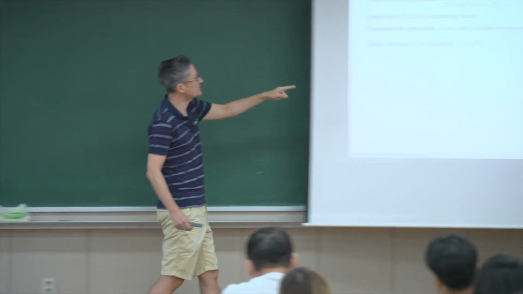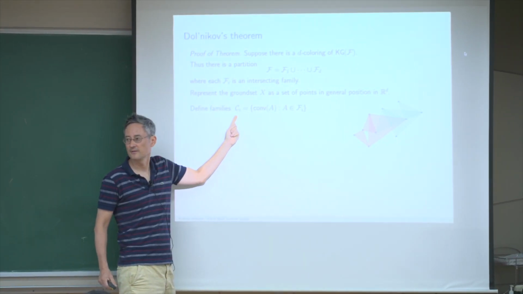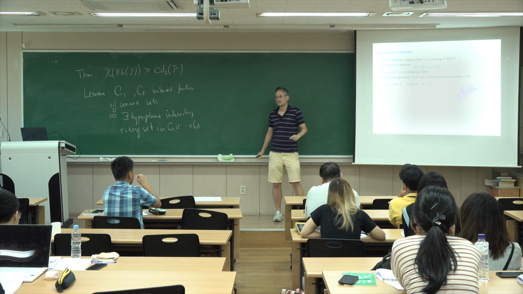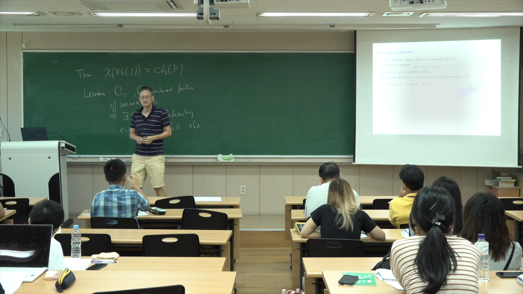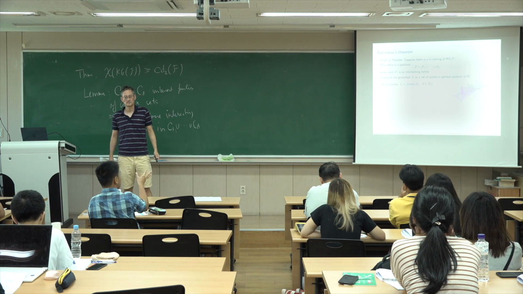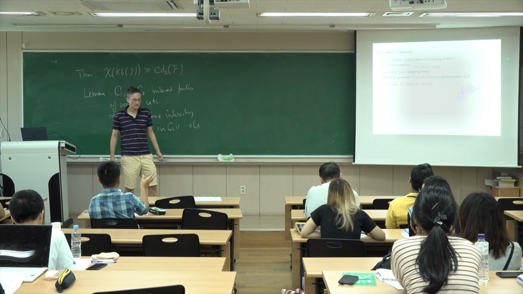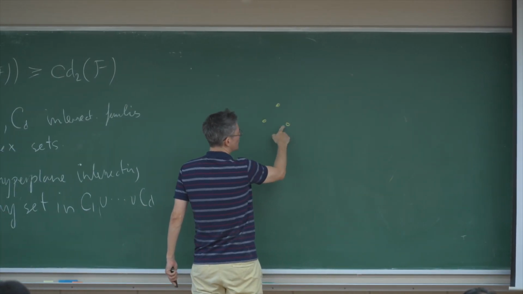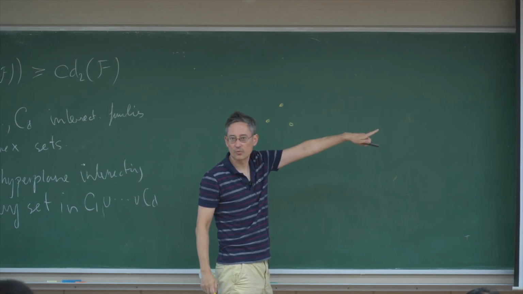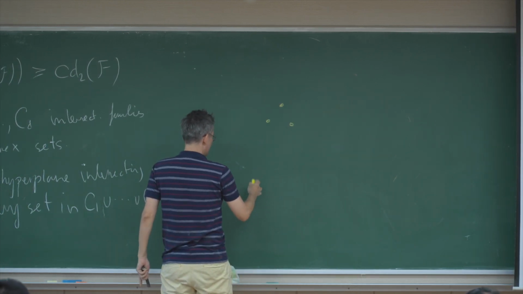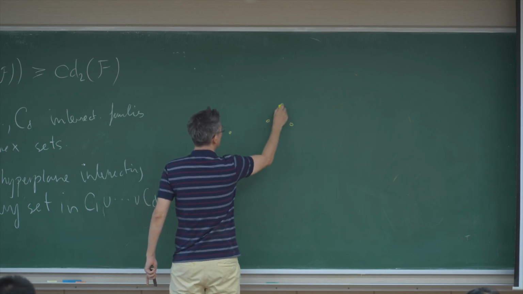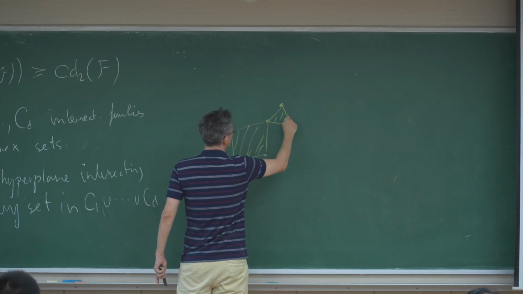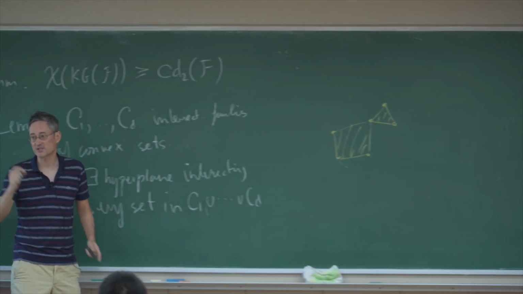Now, clearly, each Ci is an intersecting family. Why is that? Because if two sets have an element in common, then their convex hulls also have a common element. So if this was a triple that forms a set in F1, and here's another, maybe a 4-tuple, not only do the convex sets intersect, they actually have vertices in common.